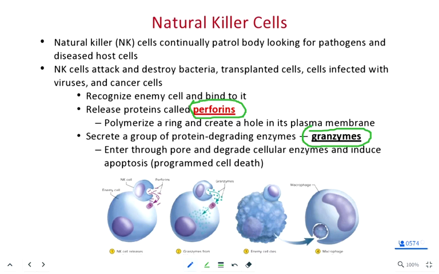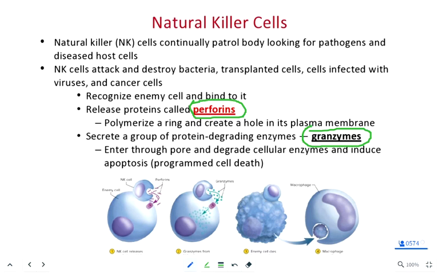It's a way for the natural killer cell to digest its target cell from the inside out. It's kind of like how a starfish, when consuming its prey, will release stomach acids and digest something and then swallow it after digesting.